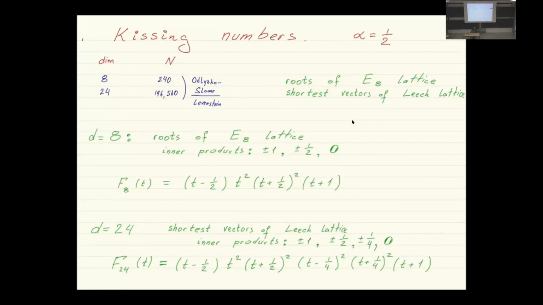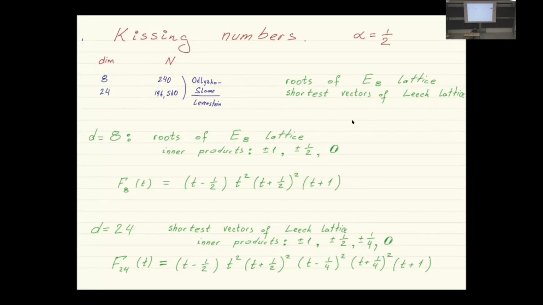And I mentioned in the first lecture that this is solved for dimensions 8 and 24, independently by Odlyzko-Sloane and by Levenshtein. In dimension 8, this is the roots of the E8 lattice. In dimension 24, it's the roots of the Leech lattice.